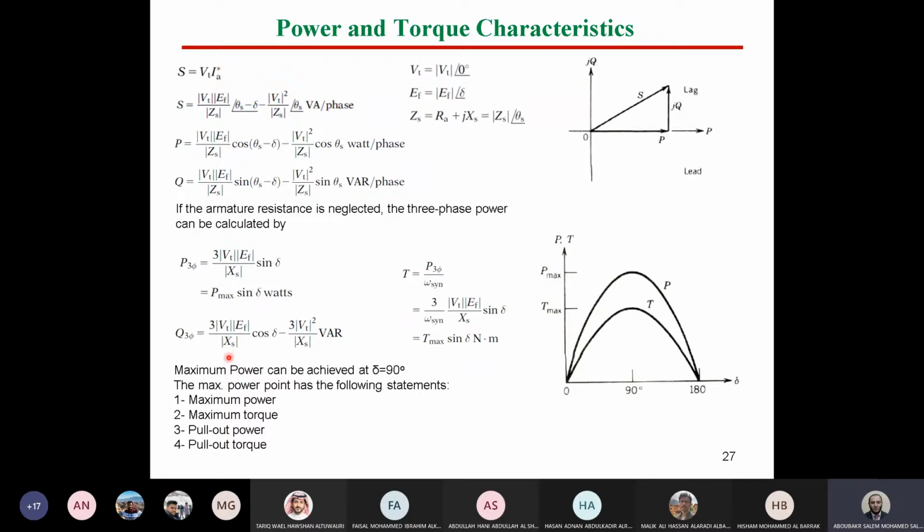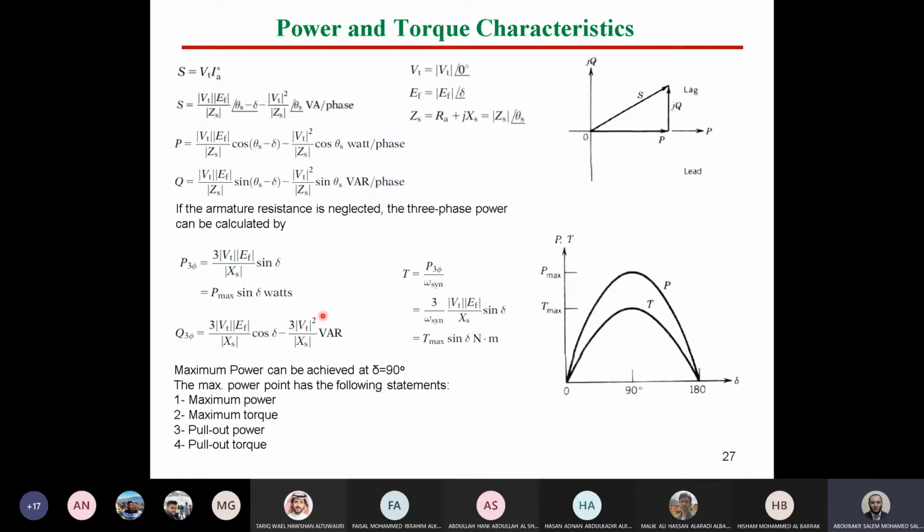The same goes for the reactive power. By applying ZS equal XS and theta equal 90, we get the relation 3 V terminal EF over XS cosine delta minus 3 V terminal squared over XS. So this is the relation of reactive power.